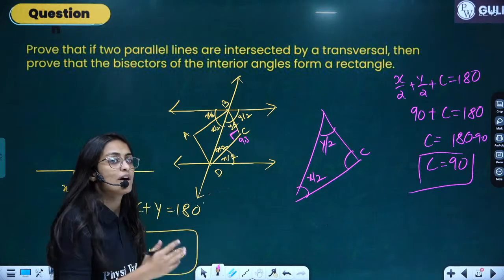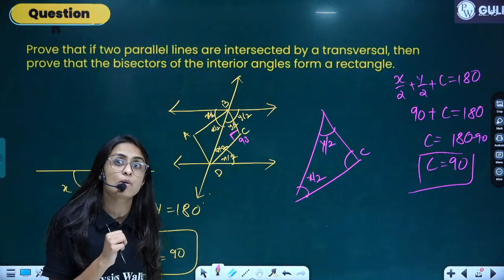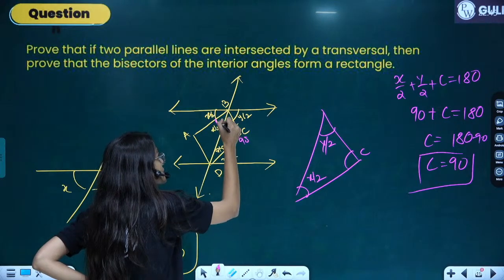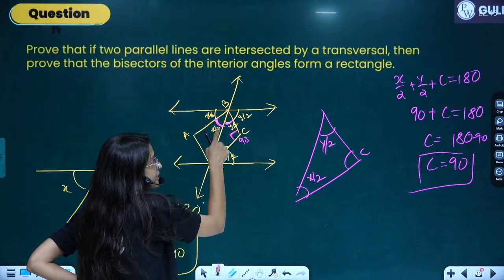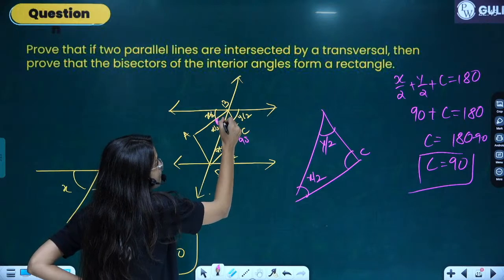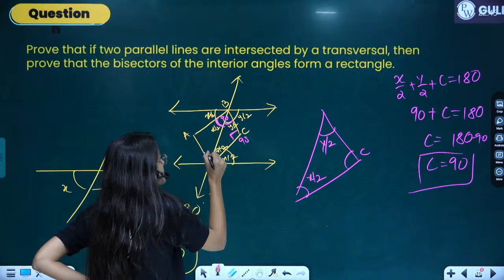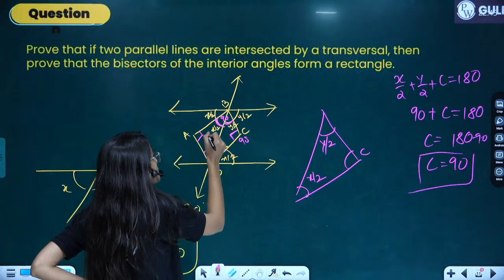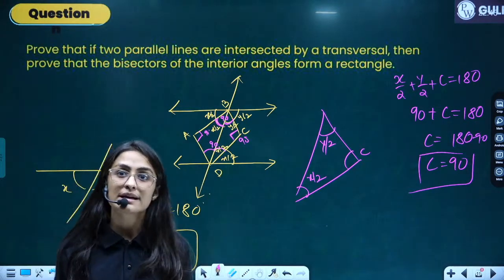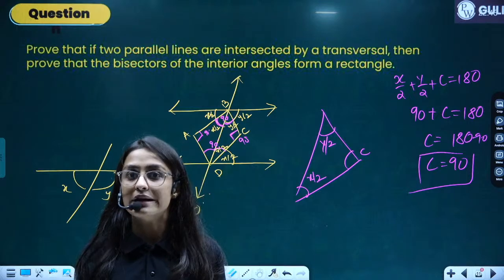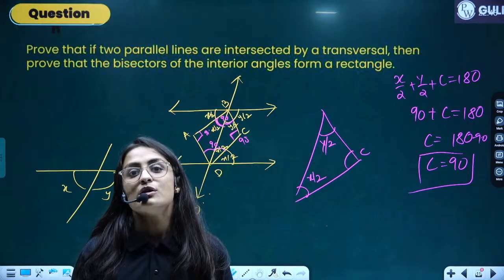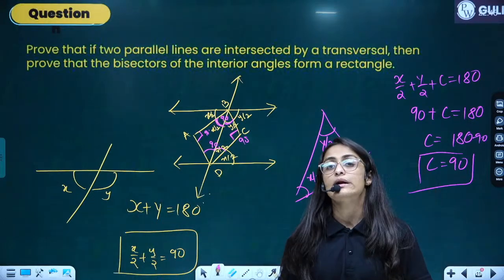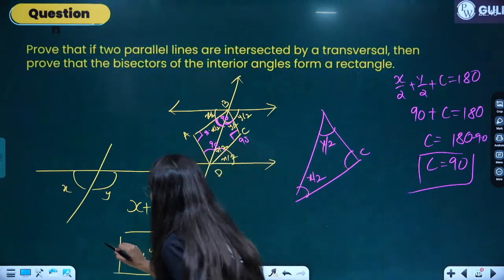You will say, ma'am, you have proven only one angle, how can we know about the other angles? For that as well, see here, pink line. Here also I have x by 2 and y by 2, which will also add up to 90. So the main logic, I'm making the star over here, is that it will be equal to 90.